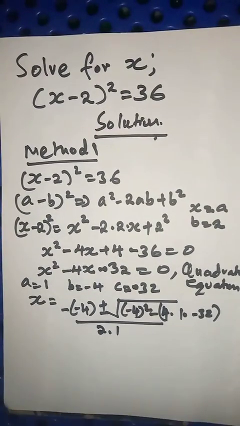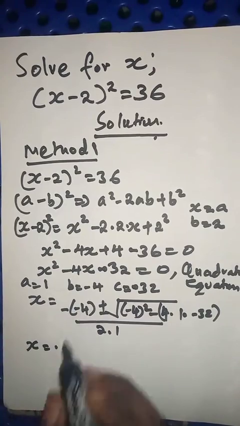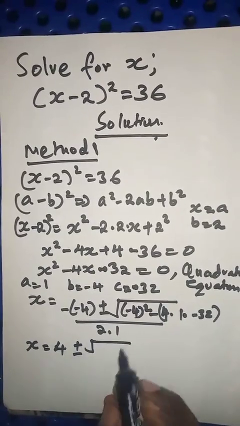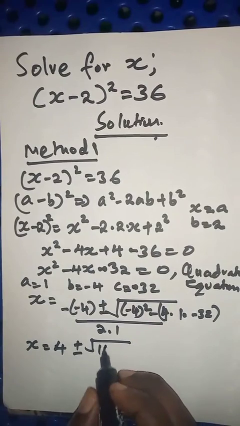So that is it. I'm going to simplify this as now x is equal to negative times negative is positive 4, plus or minus the square root of, if I square negative 4, I'm going to get 16.